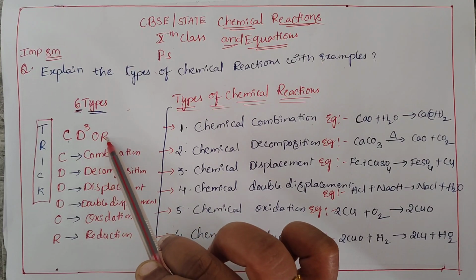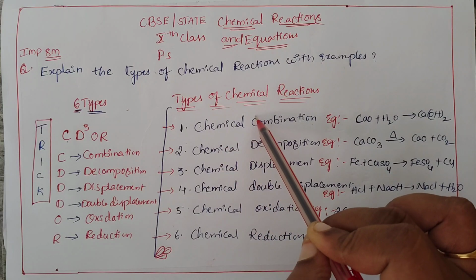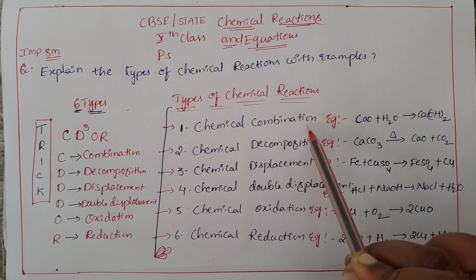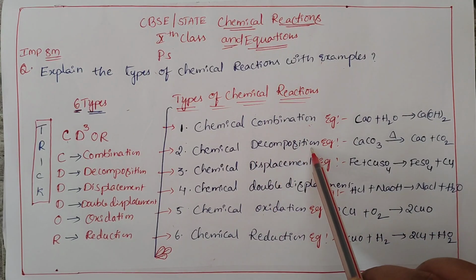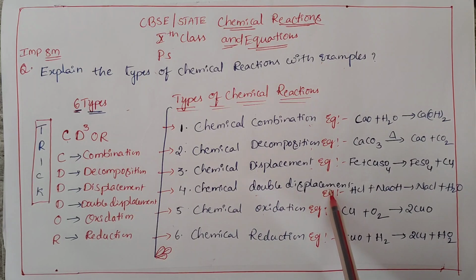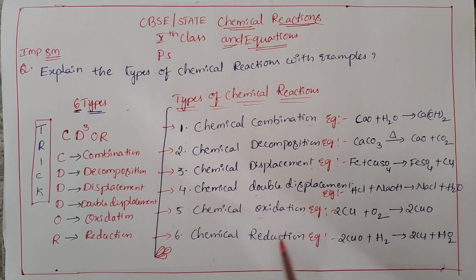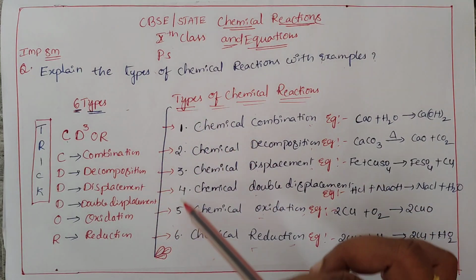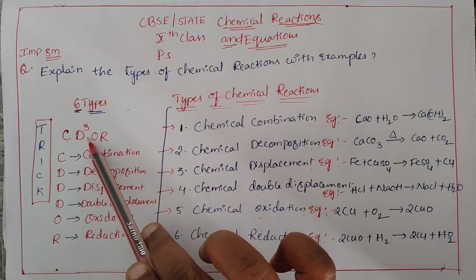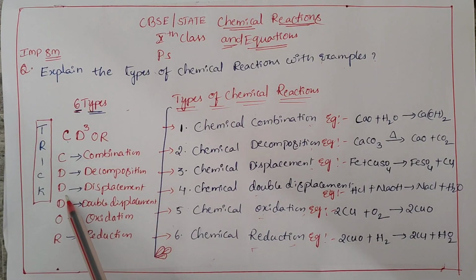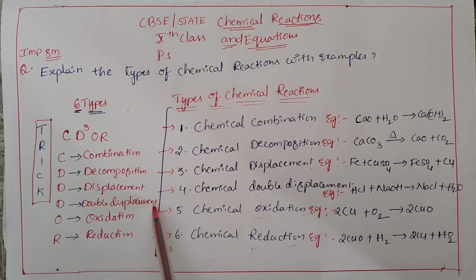The starting letters of these 6 reactions: C for combination, D for decomposition, another D for displacement, another D for double displacement, O for oxidation, and R for reduction. So, to remember these 6 reaction names: CD cube OR, combination, decomposition, displacement, double displacement, oxidation and reduction.